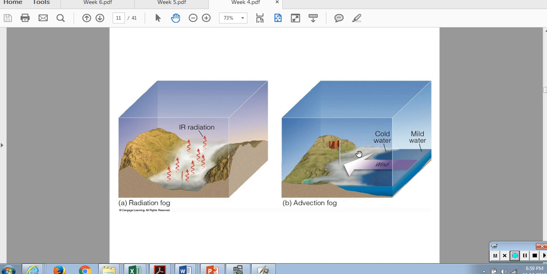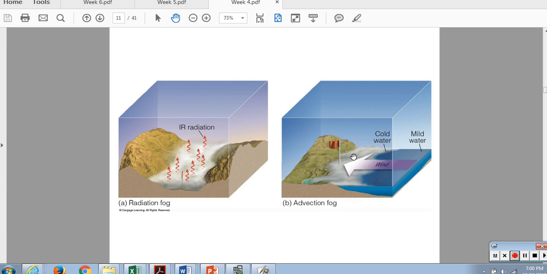So, in order to reach equilibrium, the temperatures to reach the same temperature, heat energy always flows from hot to cold. So the warm air will try to heat the cool surface, and in turn will cool the moist air down, and by cooling the air, that allows for the fog to form.